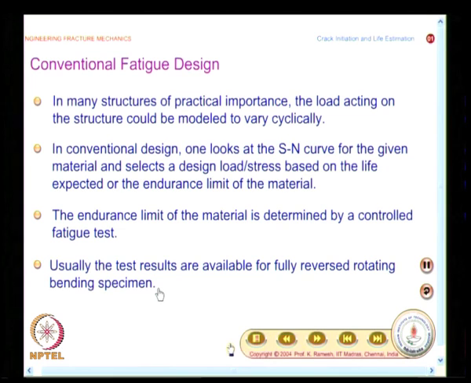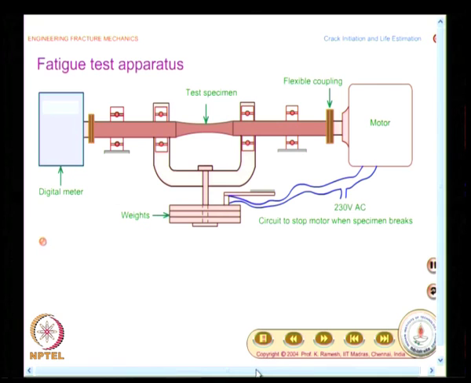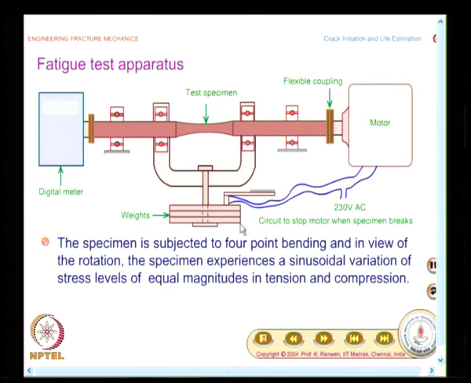If somebody gives you the SN curve, the default specimen configuration is the fully reversed rotating bending specimen. For any other situation, you have to bring in appropriate correction factors to those results. Those results are well documented in fatigue literature. And the point I would like to emphasize here is, what do you do in a fatigue test?